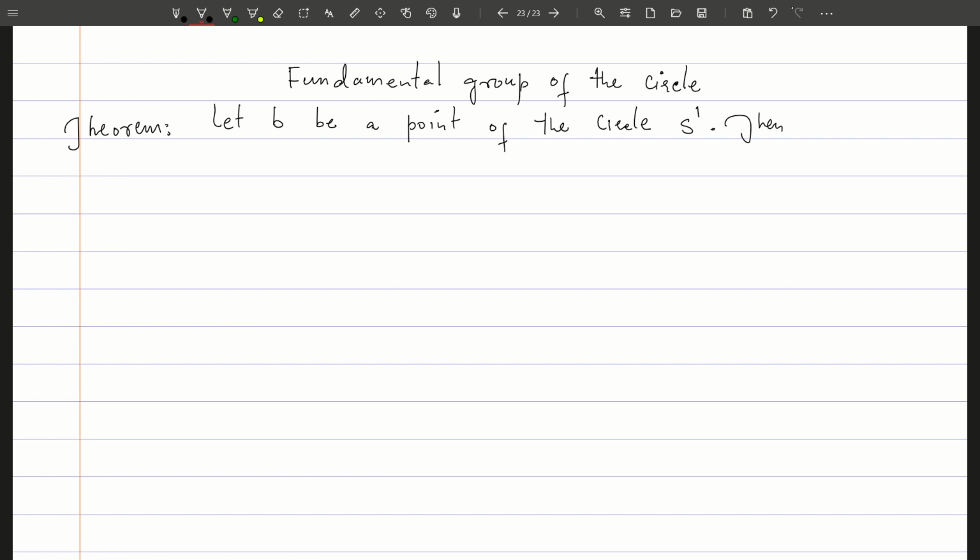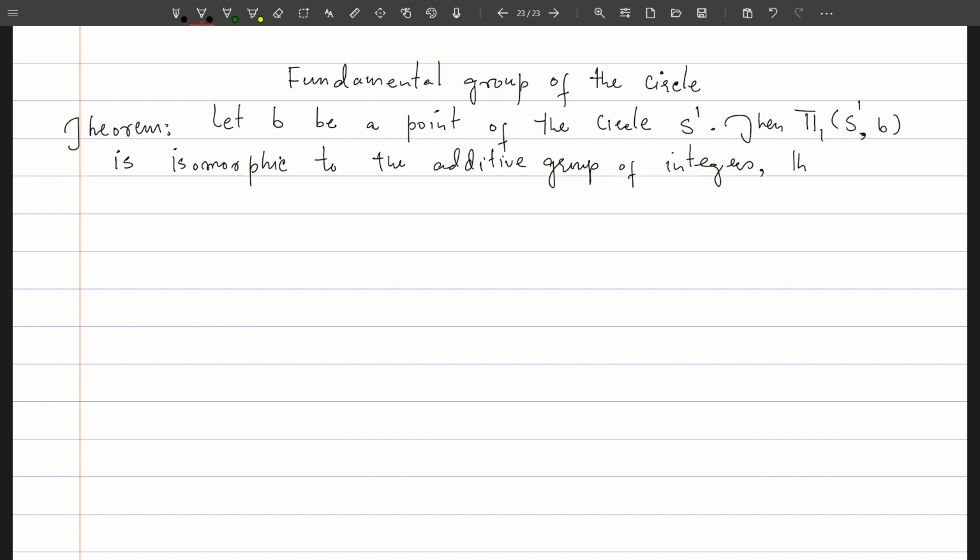Then the fundamental group of S1 based at point B is isomorphic to the additive group of integers, that is, pi1 of S1, B is isomorphic to Z. Now let us prove this.